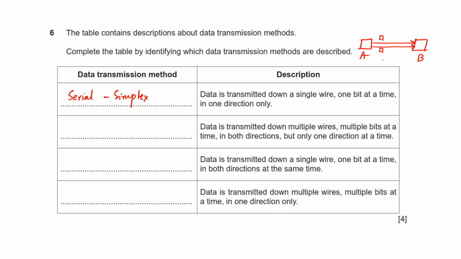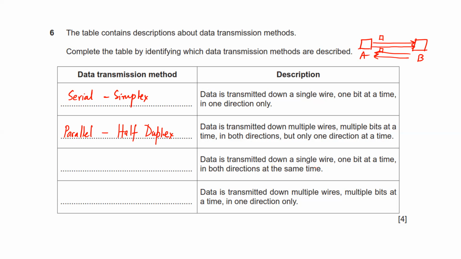Each wire will have multiple bits at the same time, in both directions, but only one direction at a time. So you have the capability of sending information in both directions, but one direction at a time, and you are also sending multiple bits. Multiple bits mean parallel communication, and one communication at a time means half duplex.